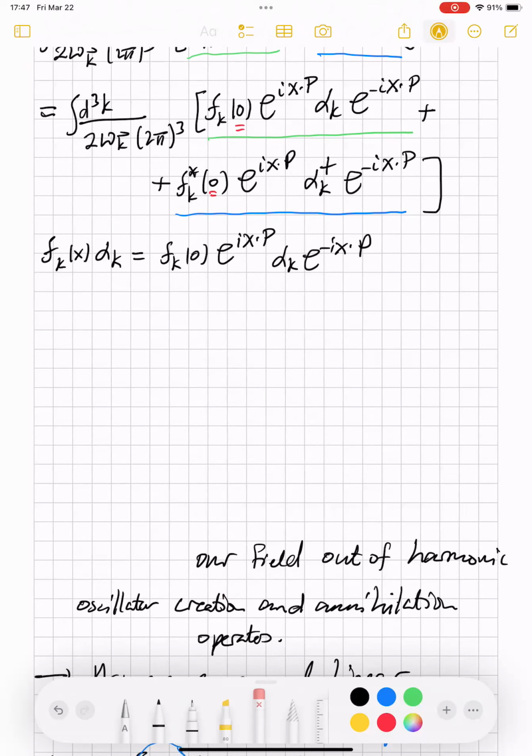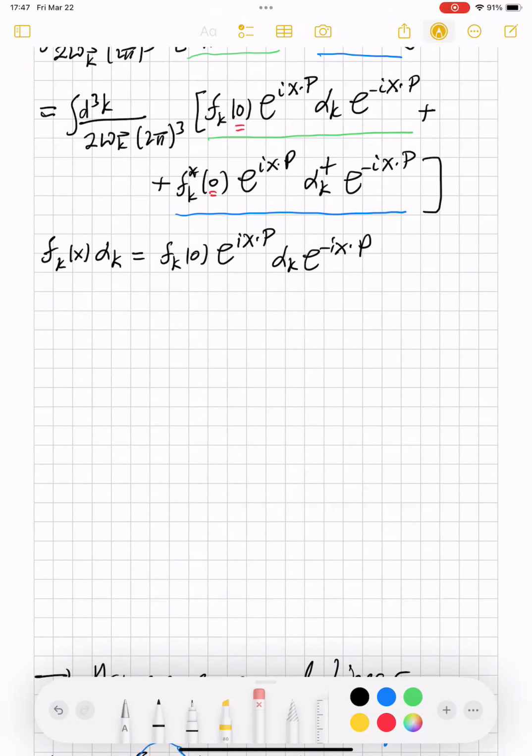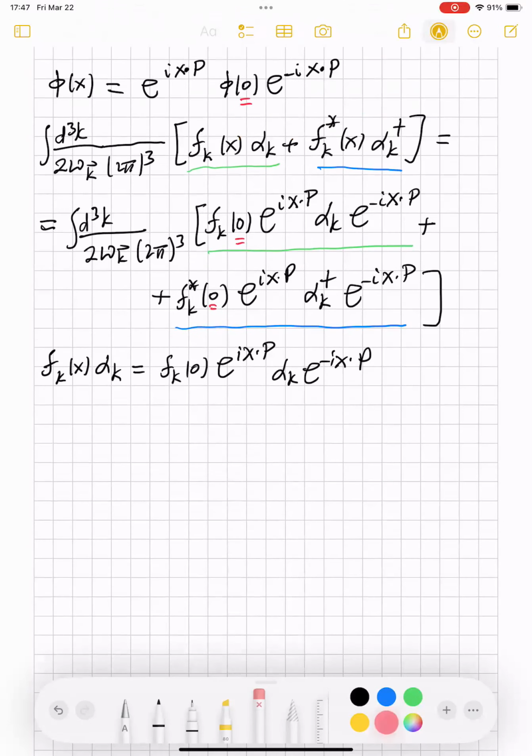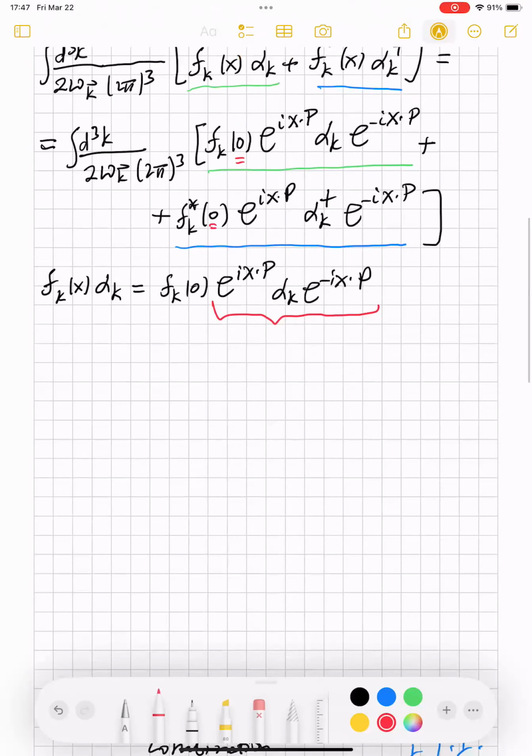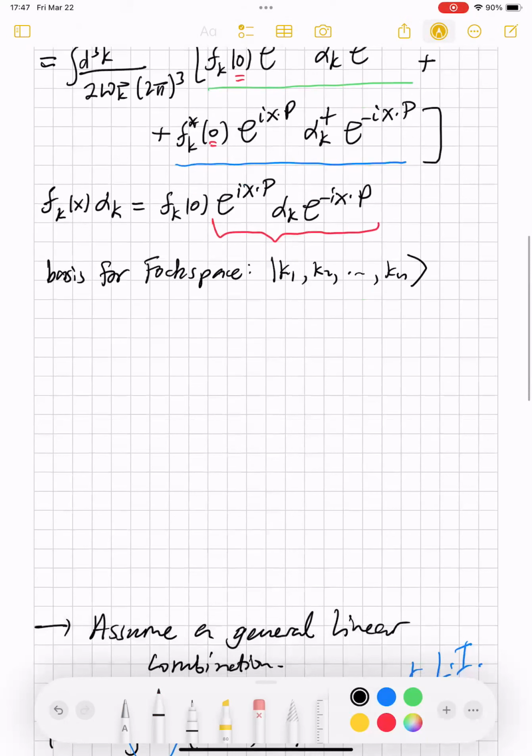Sorry, let me just clear a little bit of this. Good. The thing that I really want to evaluate is what's sitting over here. So I'm going to study that in a particular basis. So what basis am I using? Here's a basis for the Fock space. It's the set of states k1, k2, all the way up to kn. These are states with a definite energy and momentum. What do I mean by that?